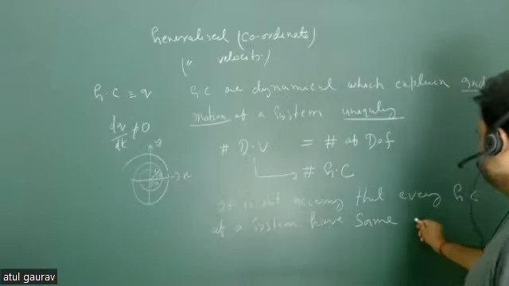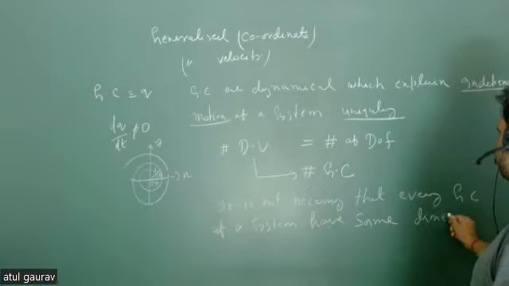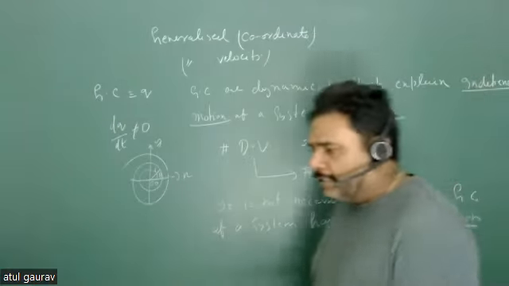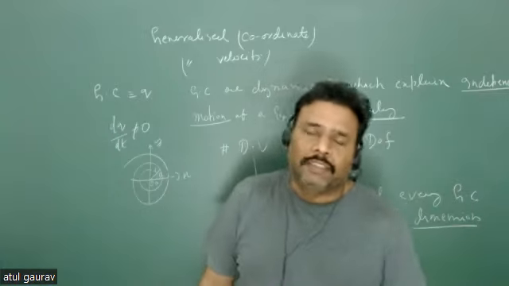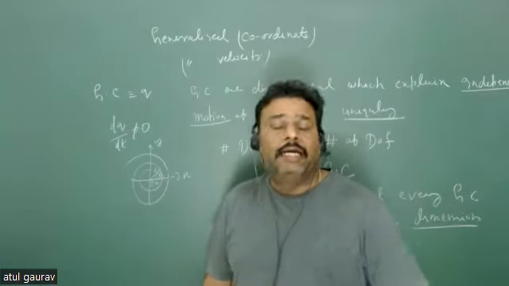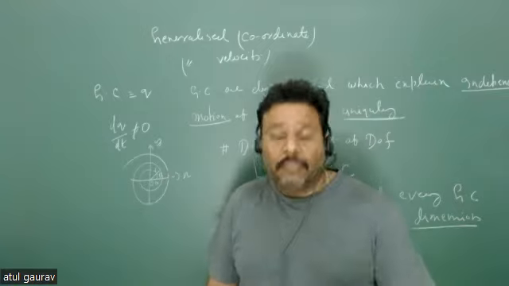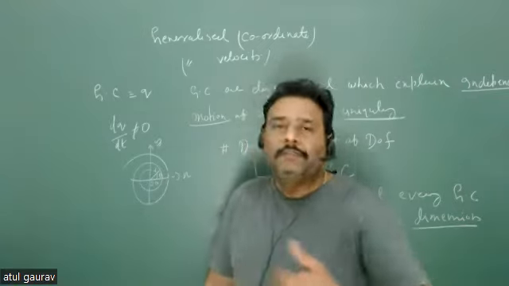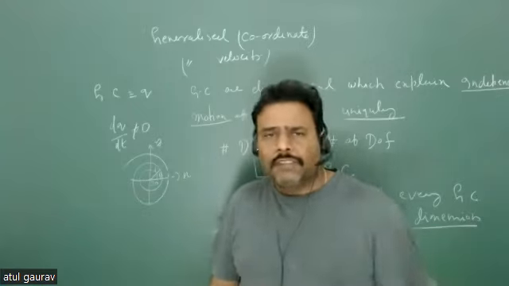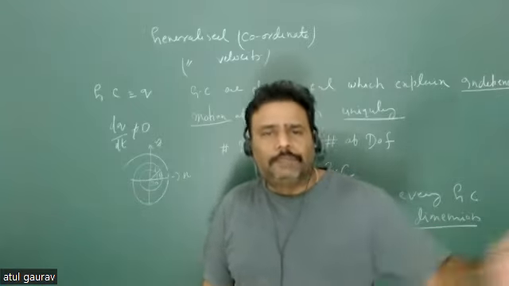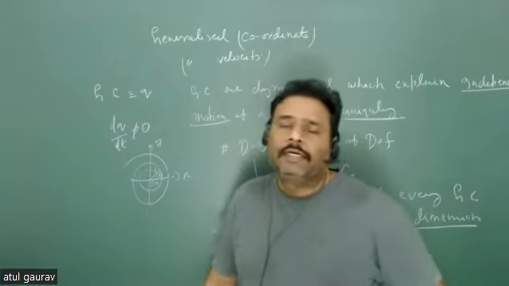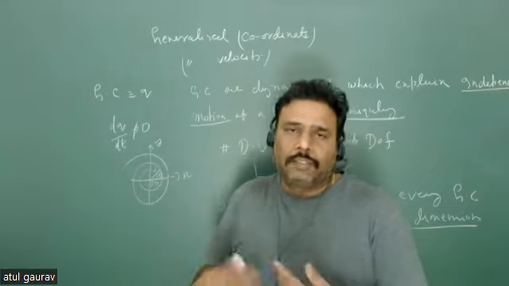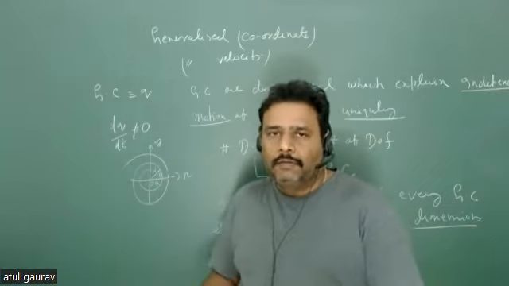As in configuration space, you will not see that all generalized coordinates have the dimension of meter per second, or that every displacement is in meters. No, in the same system, one generalized coordinate can have displacement of length, and another generalized coordinate can have displacement of some angle, a dimension of some angle.